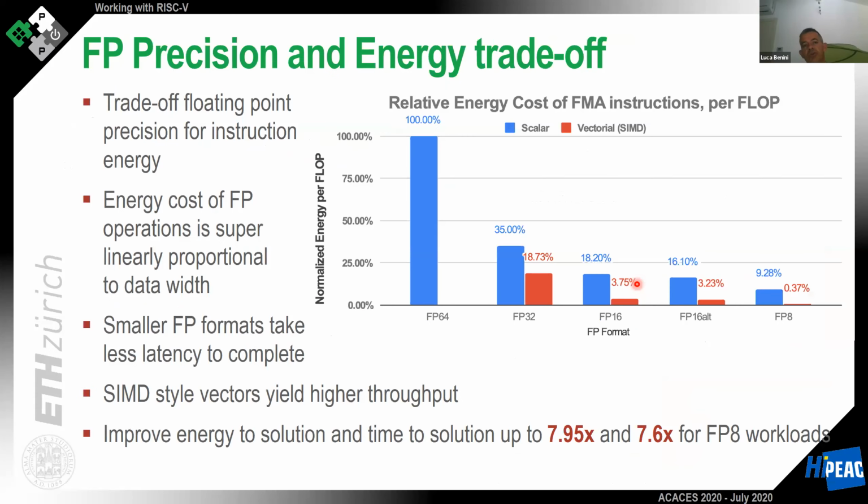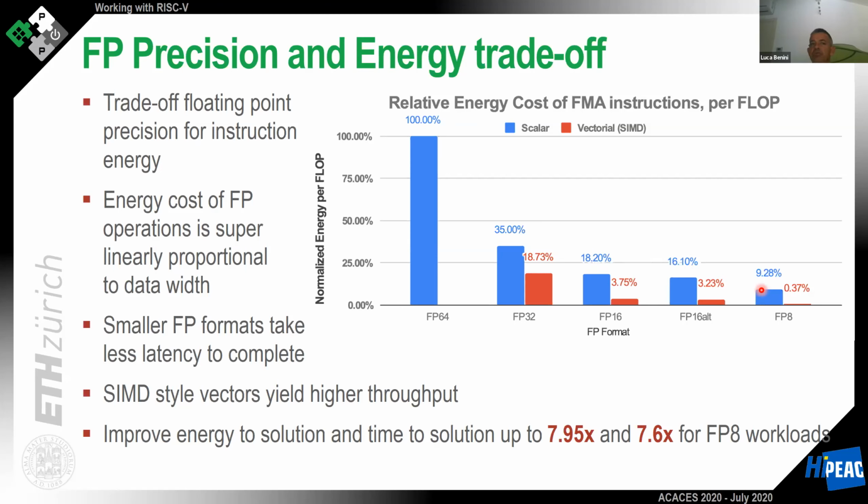This is actually confirmed by silicon measurement, and it shows that by moving from 64-bit operations to 32-bit, then to 16, and then to 8, you have a superlinear improvement in energy efficiency of the operations.